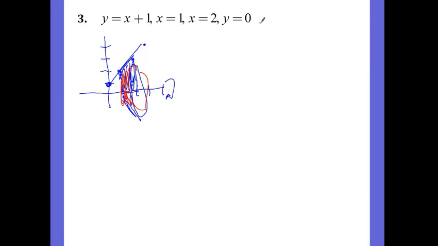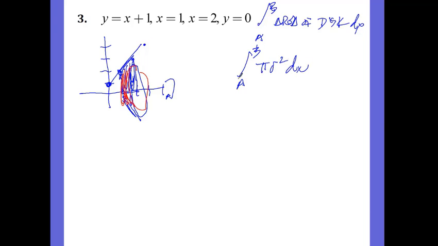So once again, going from A to B, area of the disk, and area of a disk is simply pi r squared. Just remember we're finding the volume of them, but the volume is infinitely thin, so we just have to worry about the area. And now in this case, we're going from 1 to 2, not from 0 to something, but from 1 to 2.